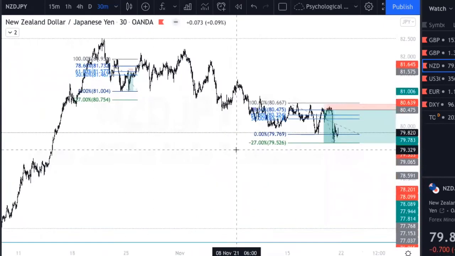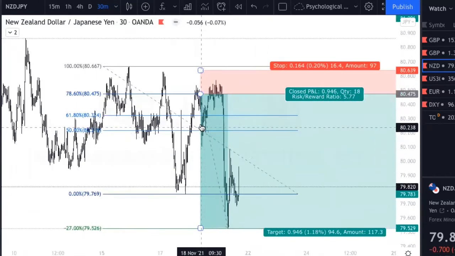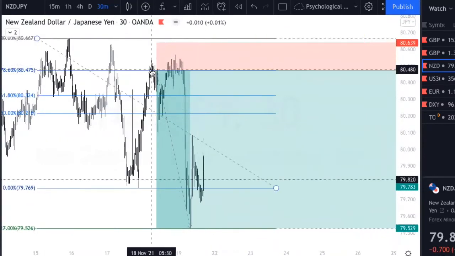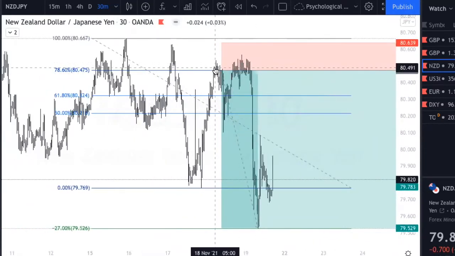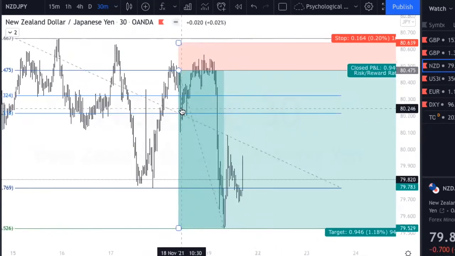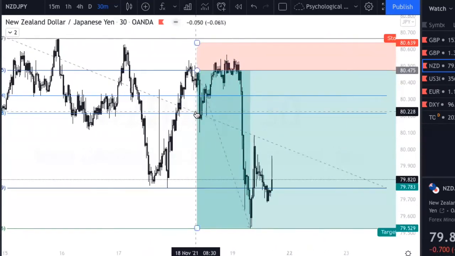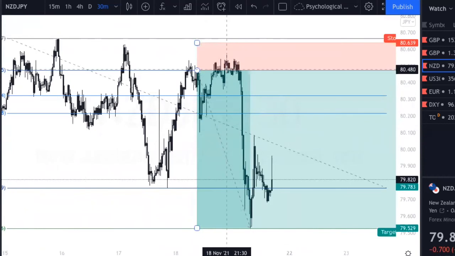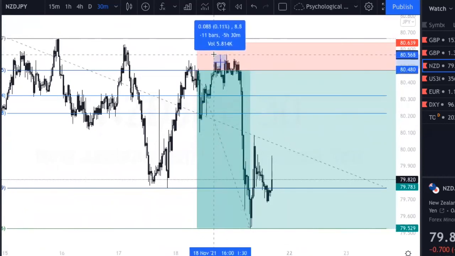So I started to see some rejection around this point. And like I said, I was in this trade from the morning of the 18th to when it finally hit the morning of the 19th. And it had gone in drawdown about 10 pips or so. That's not accurate because I didn't take it from exactly that structure.